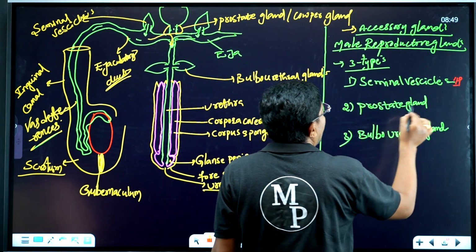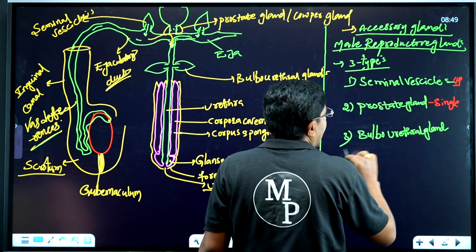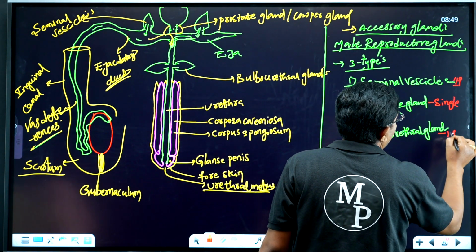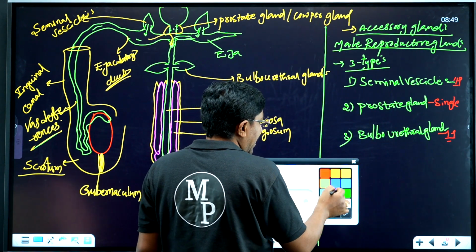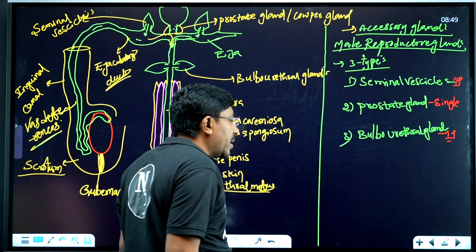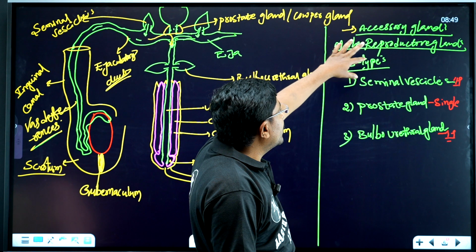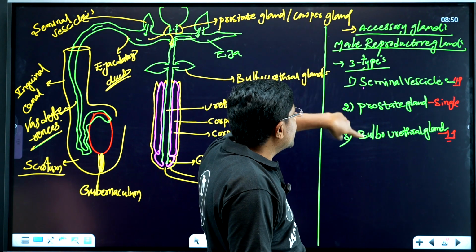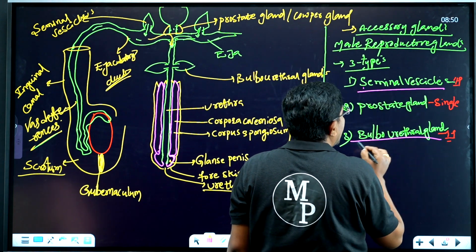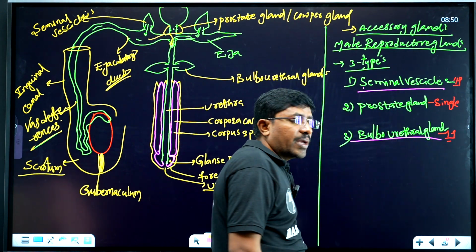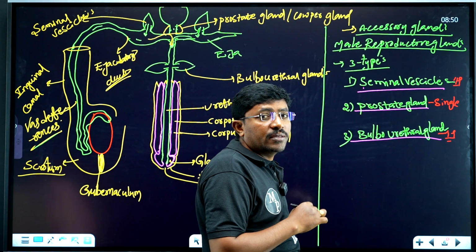The prostate gland is a single gland, and the bulbourethral glands are also paired. In these three types of male reproductive glands, two types are paired: the seminal vesicles and the bulbourethral glands. The prostate gland is the unpaired gland.